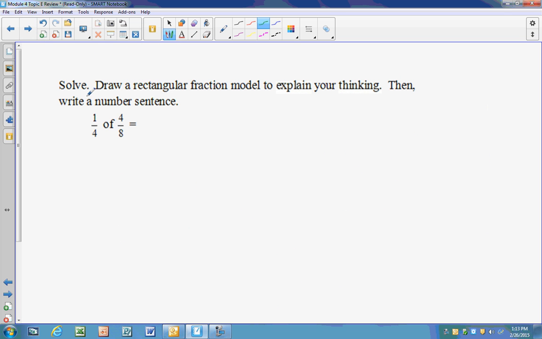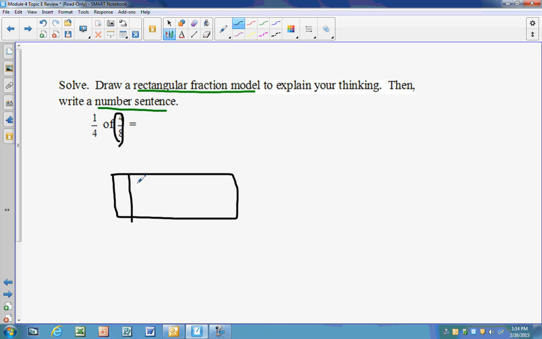Next question, it says to solve and draw a rectangular fraction model to explain your thinking and then write a number sentence. So I need both a number sentence and the rectangular fraction model again. So here we are. We're going to start with the second number first, I always say, because we're finding something of something. So we're going to make our 4/8.